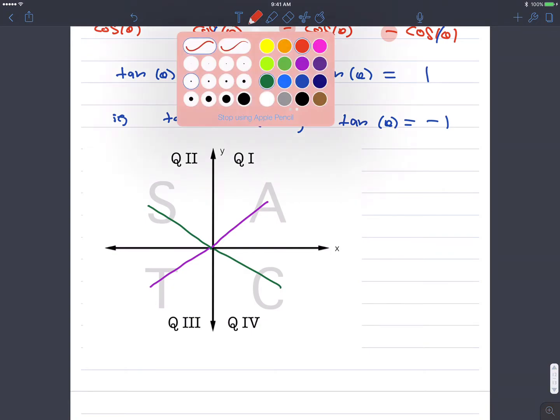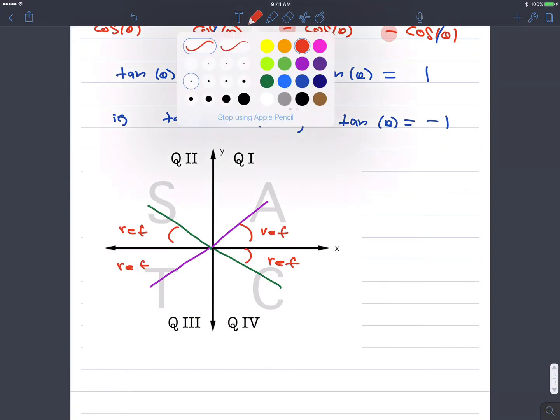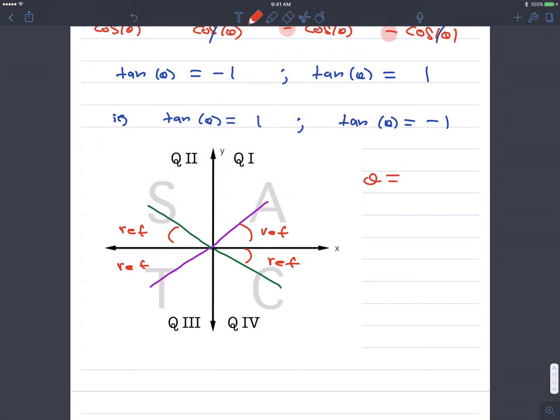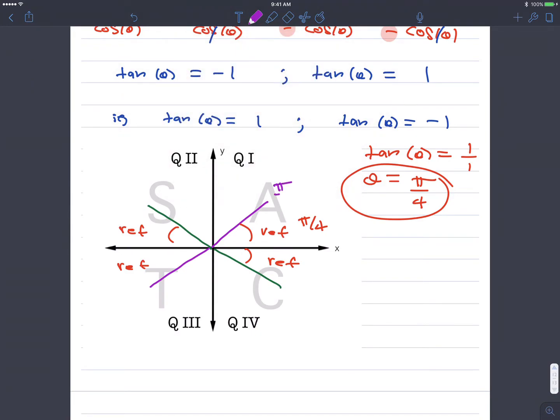Tangent theta being 1, don't I need a reference angle here? Who can tell me what the reference angle is? For tangent theta being +1/1, theta is pi over 4. So pi over 4 is one solution.